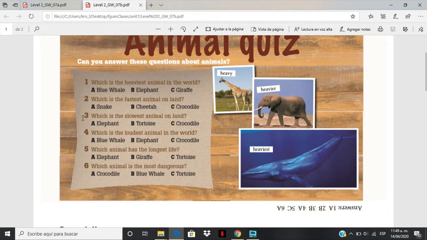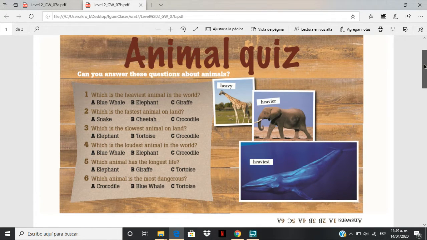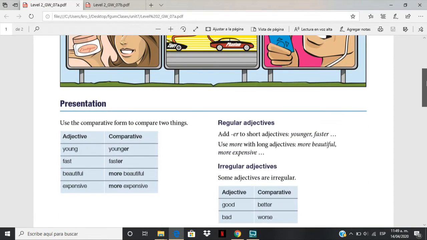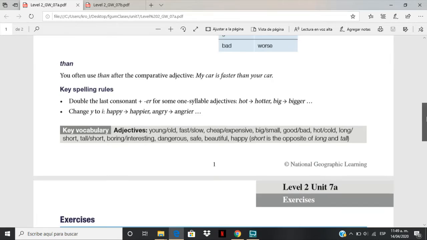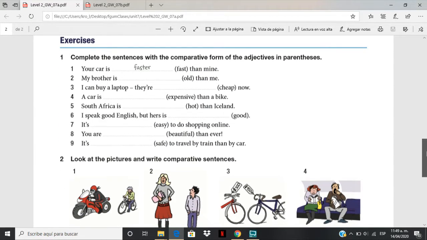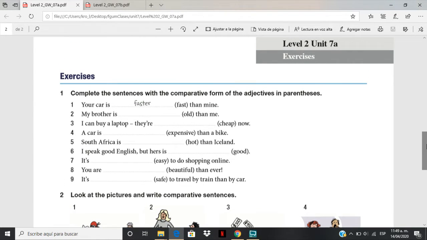Yes? So, try to make your examples, rewriting these sentences. Well, here we have now some exercises. Yes?